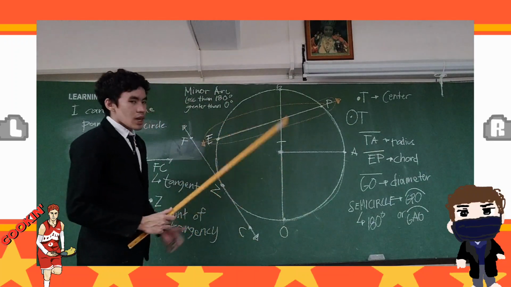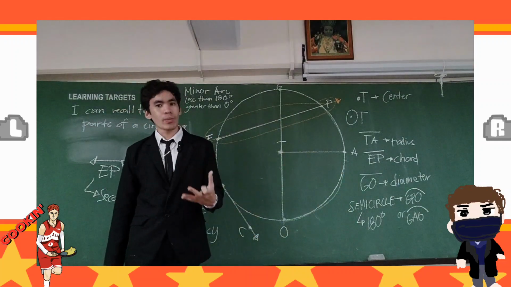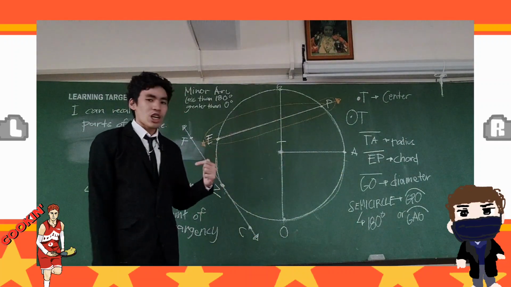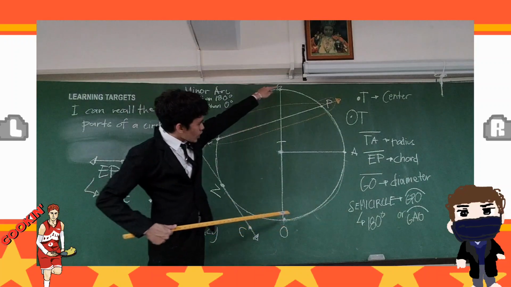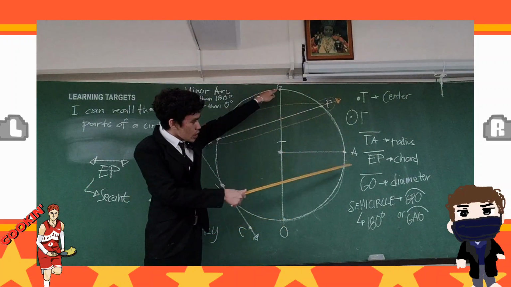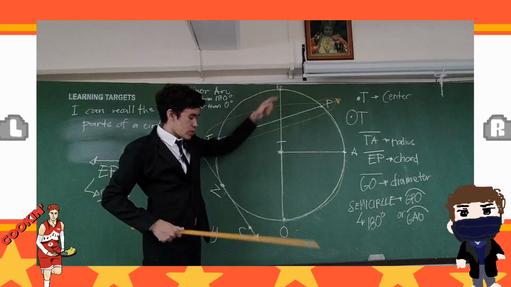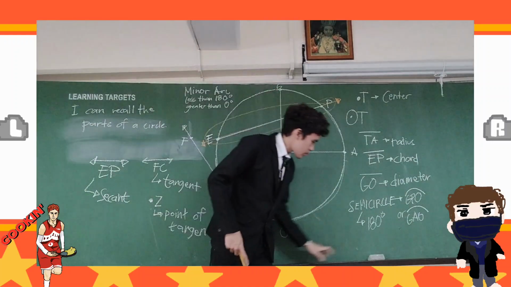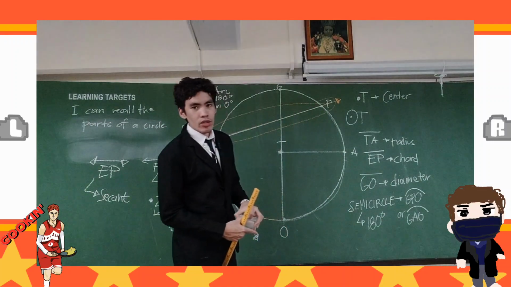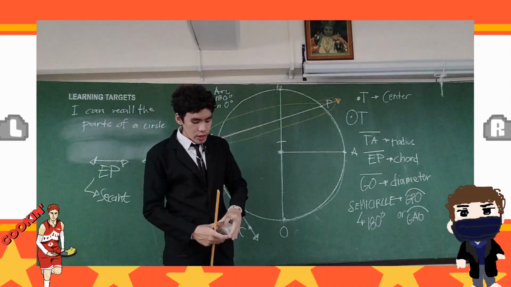So in this case, how do we know if it's a minor arc? We base it on your semicircle. If you look at GPO, you can identify a lot of minor arcs here. I'll use a different color, probably pink. Now, I'm not going to write it anymore. Instead, I'm going to show it on the screen.